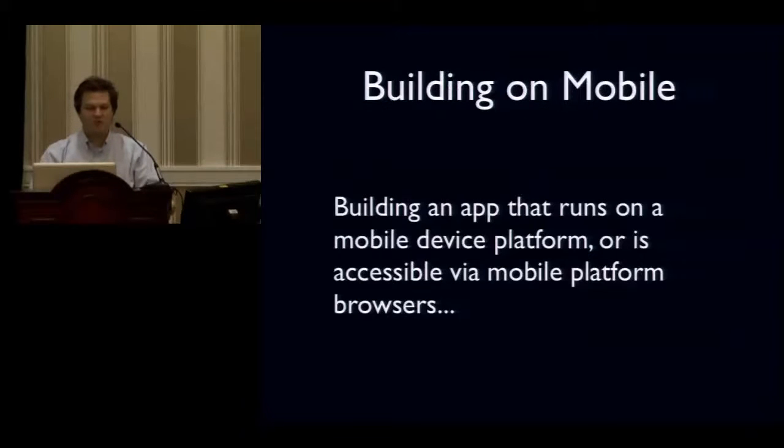And so building on mobile is just an app that runs on a mobile device, and it's accessible via mobile platform browsers, or it's an app. And there are certainly inherent, pervasive advantages that we get from putting what would otherwise be a desktop application on these platforms.